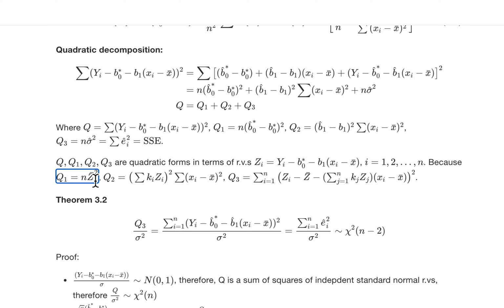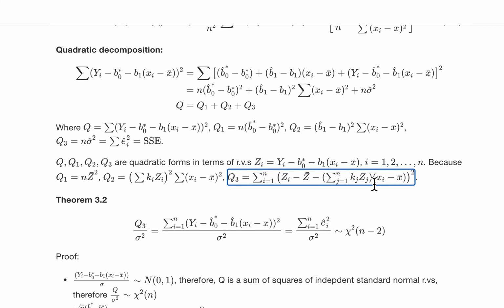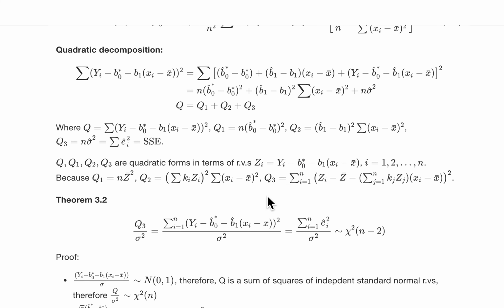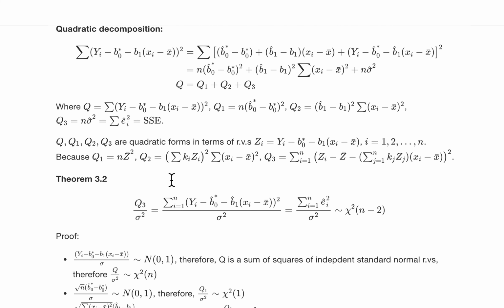It's a square of the z bar, the mean z squared. And q2 is this form, which is also a quadratic form of the zi's. It's a square of the sum of ki times zi. q3 is also a quadratic form as well. So q1, q2, q3, and q are all quadratic forms.